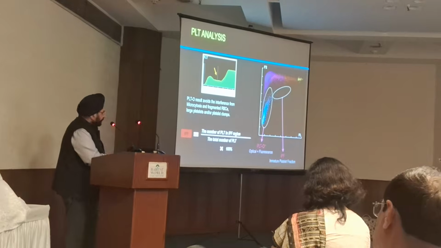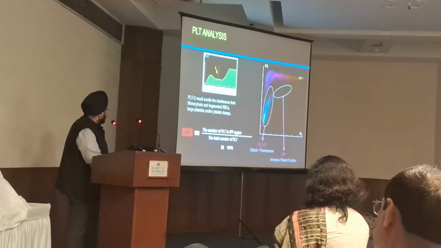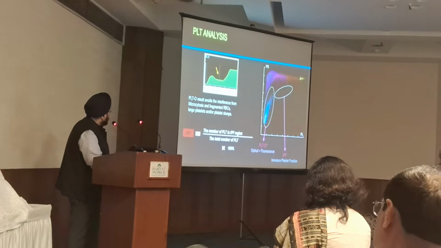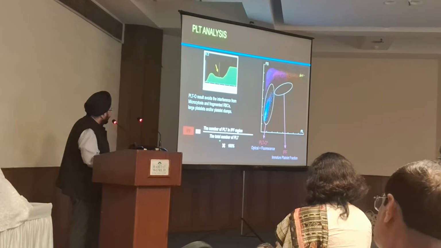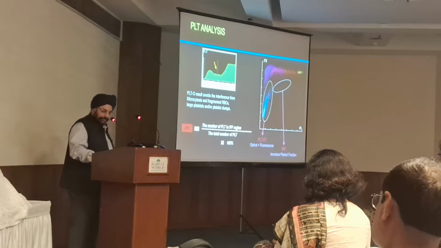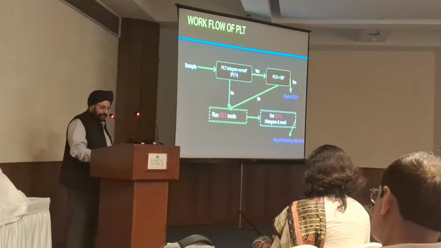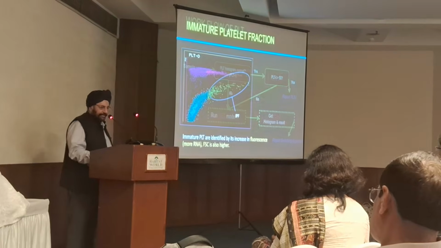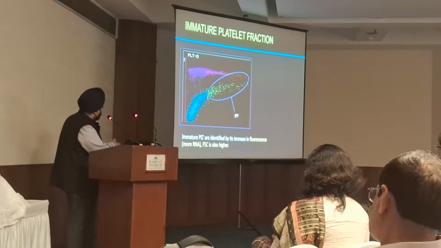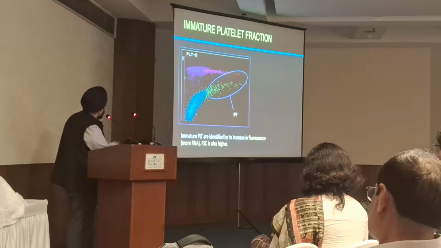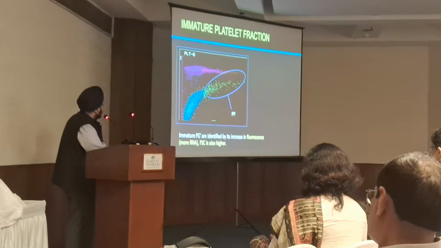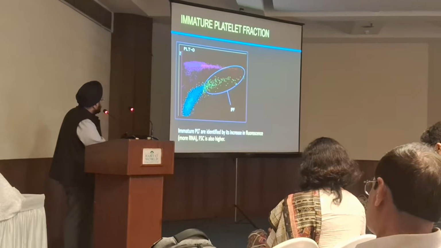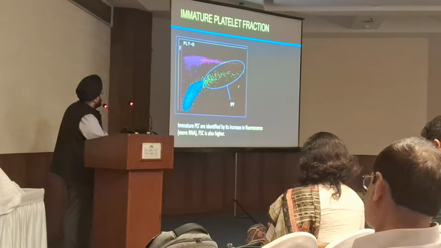So coming to this IPF thing, IPF is nothing but the number of platelets in the IPF region, this region here, upon the total number of platelets into 100. I'll show you this first. If you look at the IPF, this is forward scatter or the cell size, and this is the fluorescence on the x-axis. This green area here is the area of the IPF.